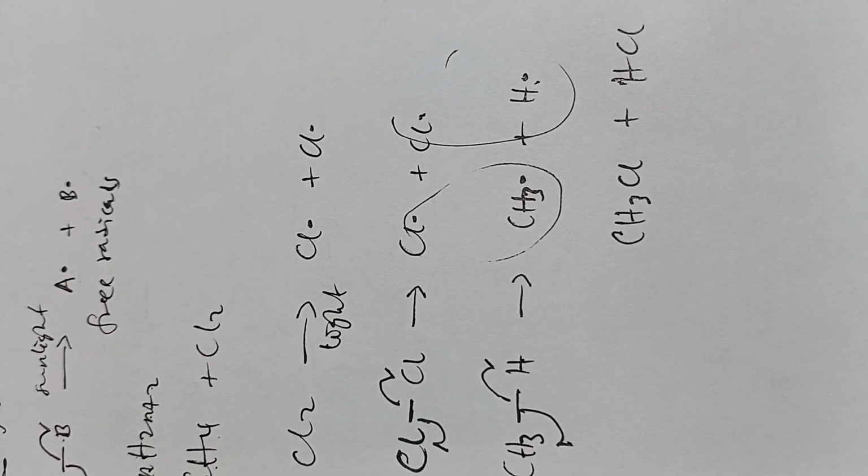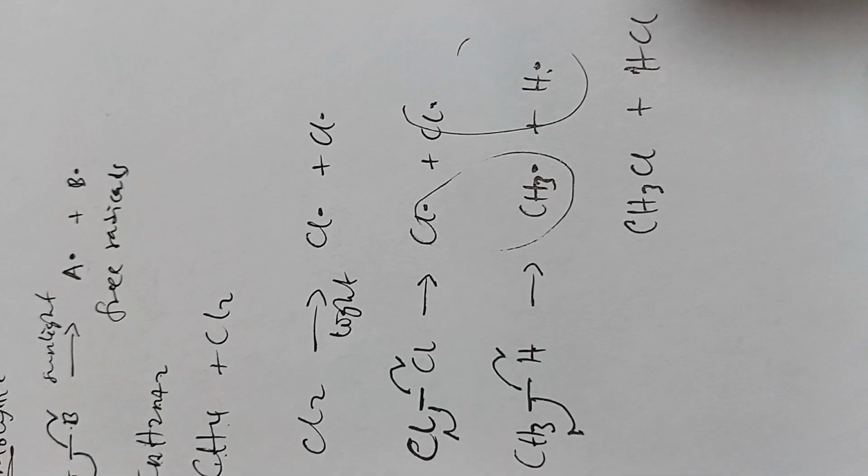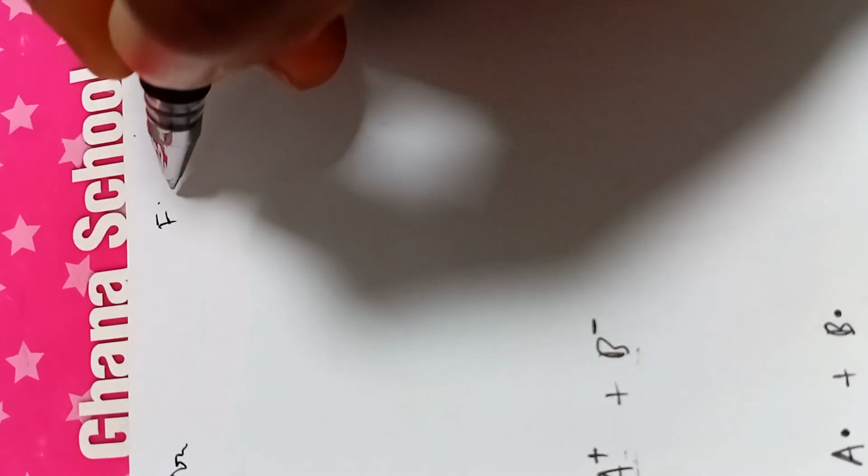So now let's look at selectivity of the halogens. Fluorine, chlorine, bromine and iodine, we are going to use them in the lab. They are going to undergo these free radical reactions. But which ones do we use?